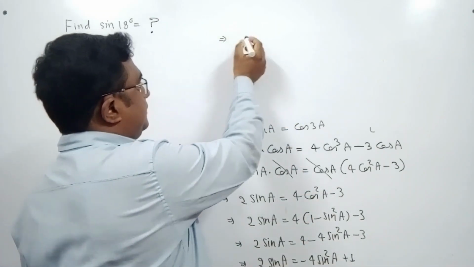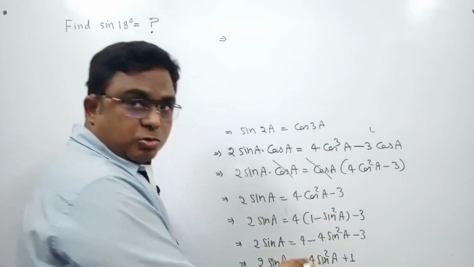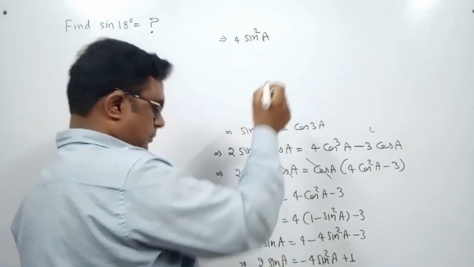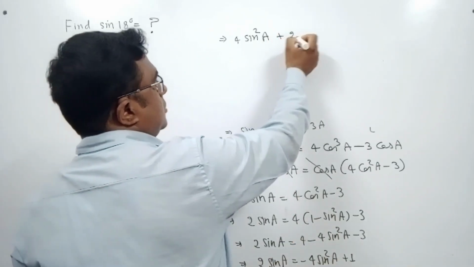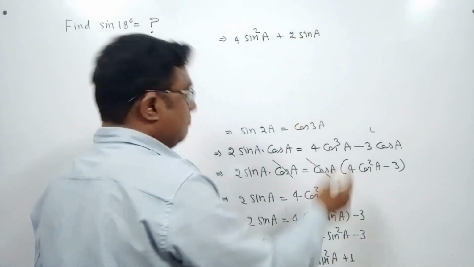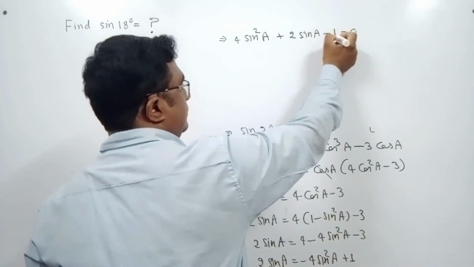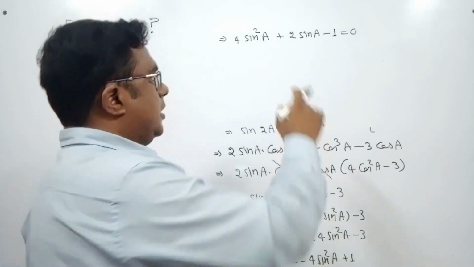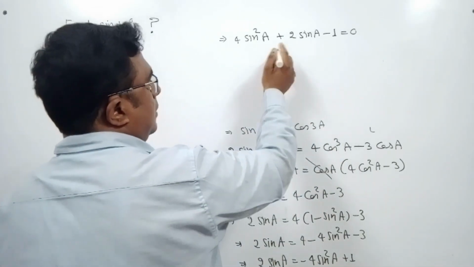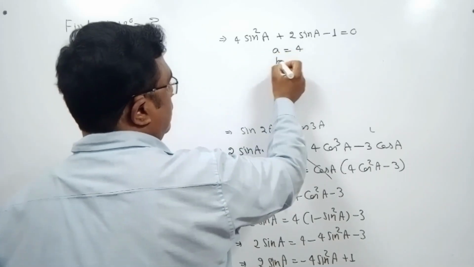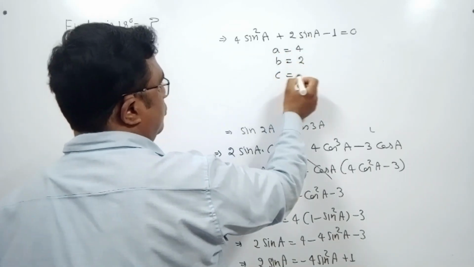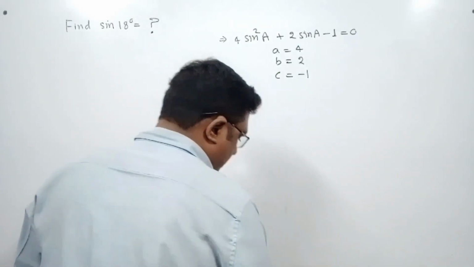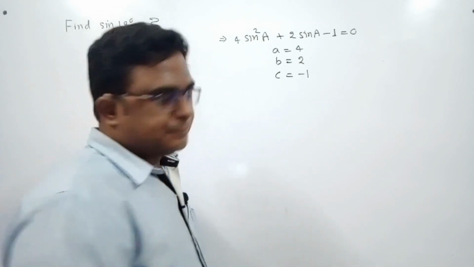So when minus 4 sine square A comes to the left, it becomes 4 sine square A, after that plus 2 sine A minus 1 equal to 0. So we have obtained a quadratic equation in terms of sine A. Here a is equal to 4, b is equal to 2 and c is equal to minus 1. Now let us apply the quadratic formula to find the value of sine A.